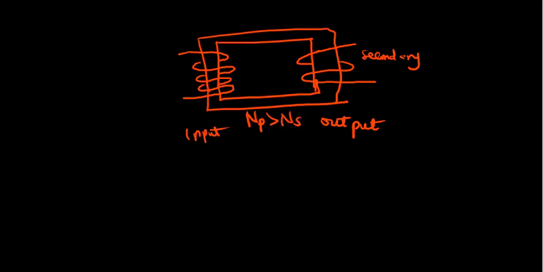So this type of coil is a step down transformer. I hope you understand. That's why we say a transformer is a device used in stepping up or stepping down voltage.